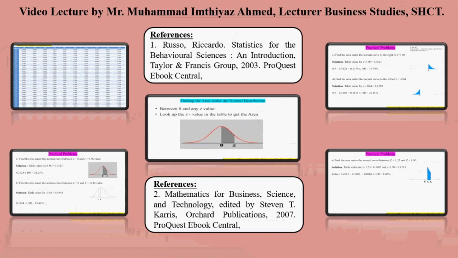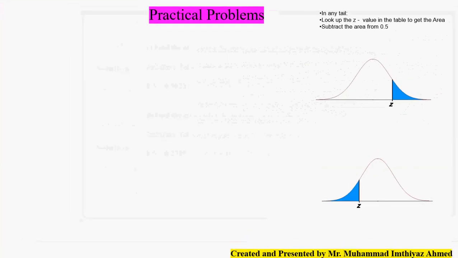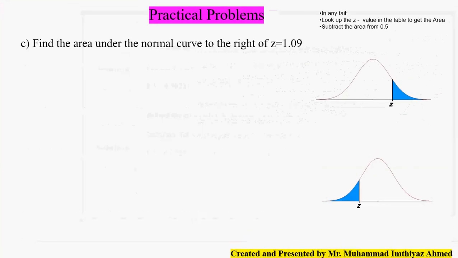So I hope problem 1 and 2 is clear. Let's move on to solve problem number 3. Find the area under the normal curve to the right. Now the problem says to the right of z equal to 1.09. Either the problem says right or left, we have to keep in mind, first we need to find the value of z and then we need to subtract the area from 0.5.